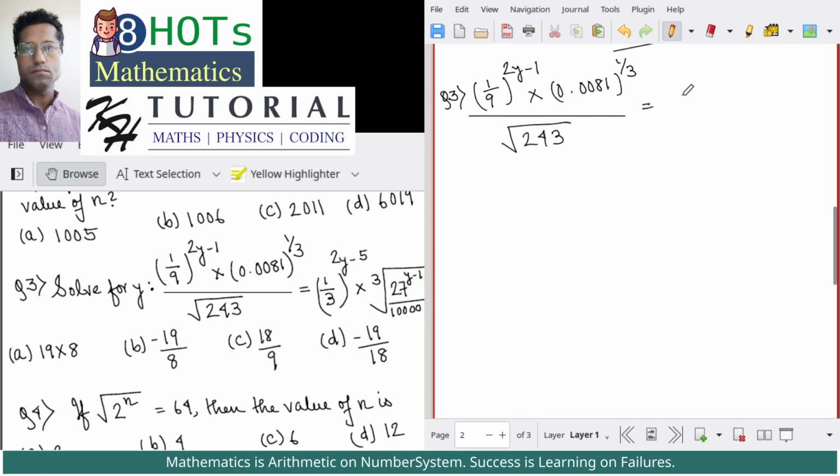This is equal to, on the right hand side, 1 by 3 whole raised to the power 2y minus 5, multiplied by cube root of 27 raised to the power y minus 1, divided by 10,000. Okay, 10,000. Okay, no problem.